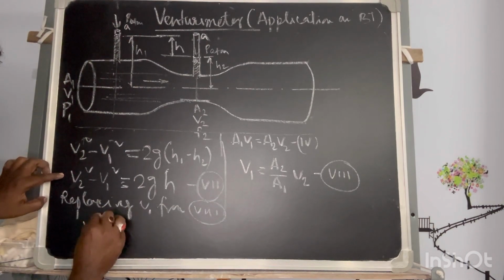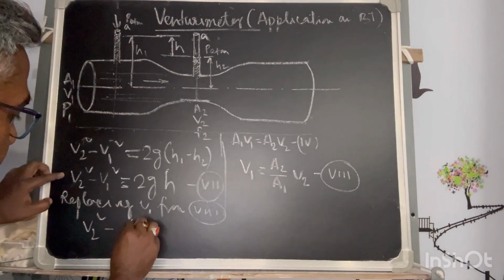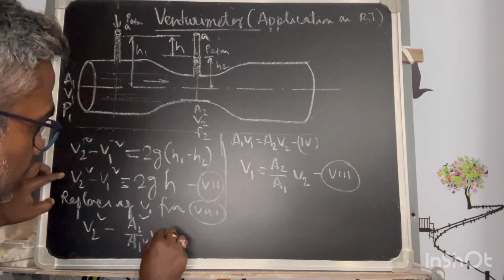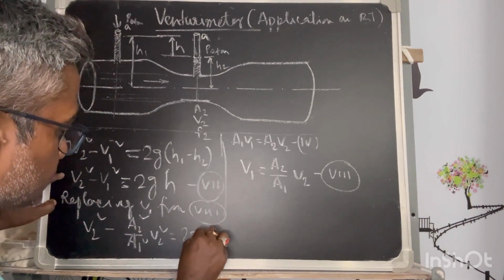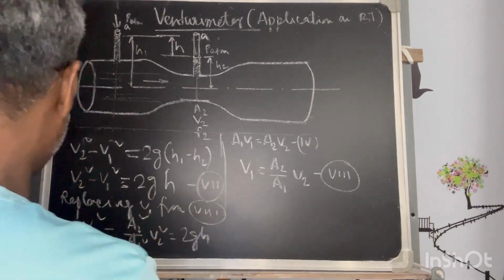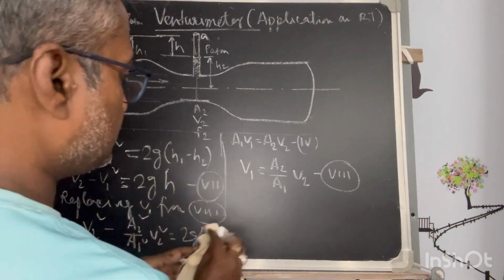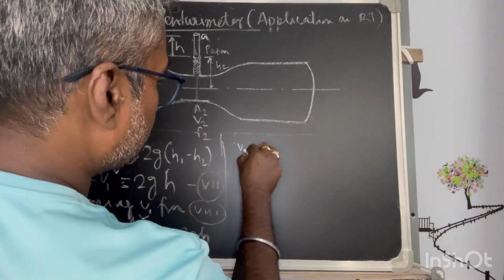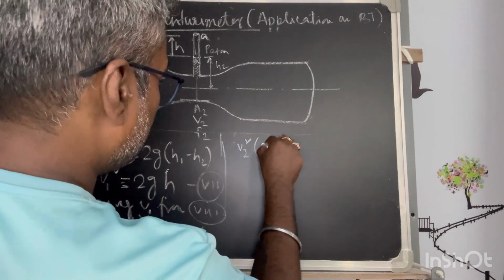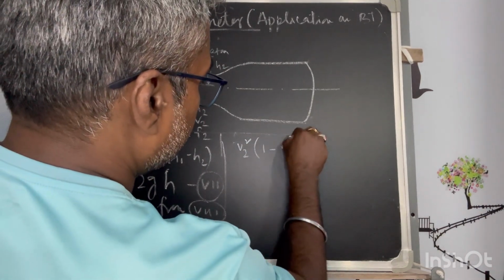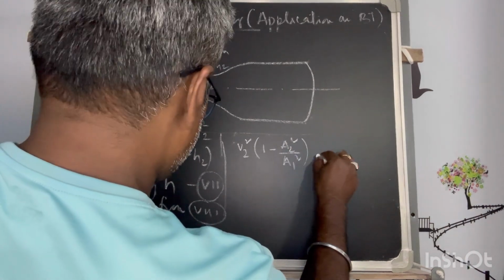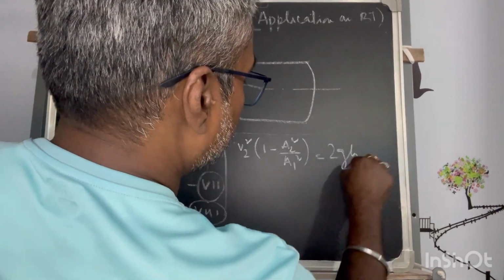V2 square minus A2 square by A1 square into V2 square is equal to 2gH. Okay. So V2 square can be taken common: V2 square into 1 minus A2 square by A1 square is equal to 2gH.